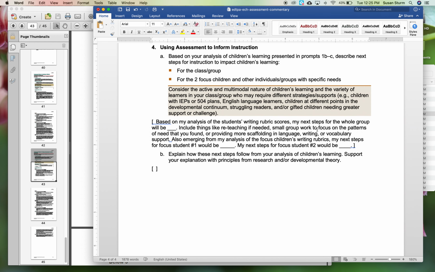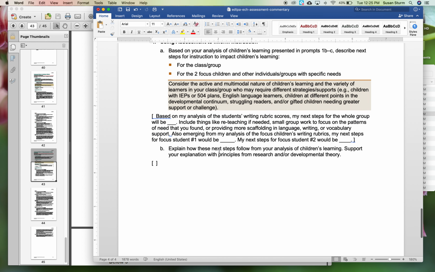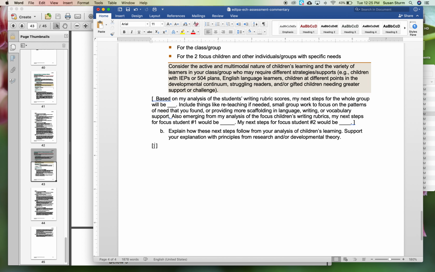So the new thing here is going to be what you say that you need to do for the whole class, and then explain how these next steps follow from your analysis of children's learning. The next steps I planned follow from my analysis of children's learning because I used the assessment evidence to plan.